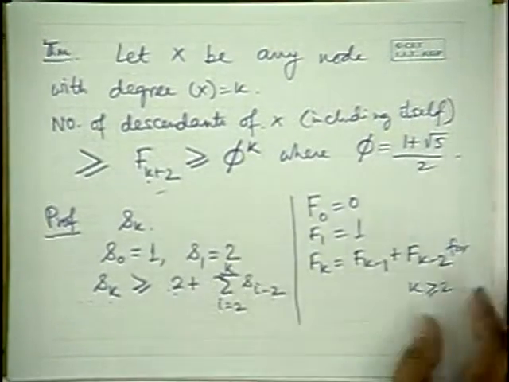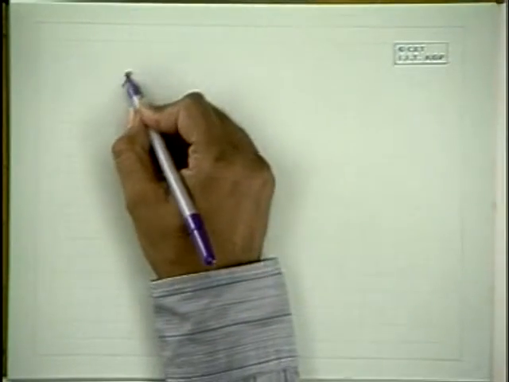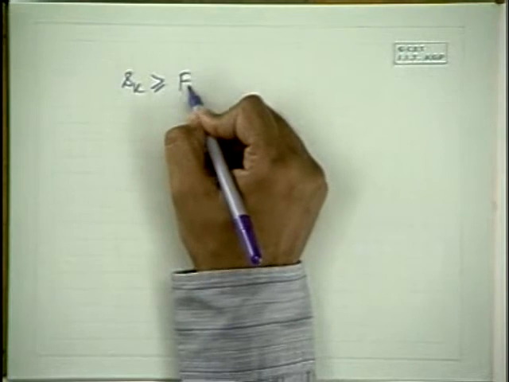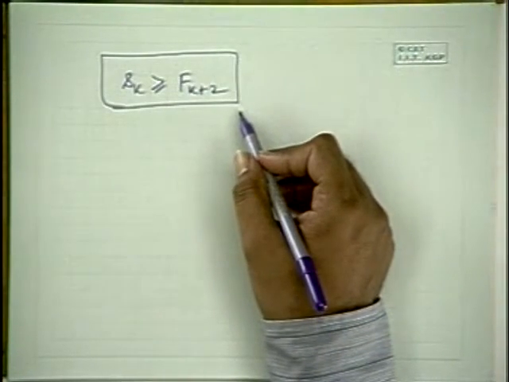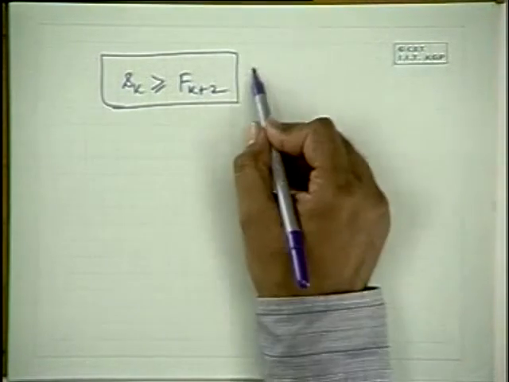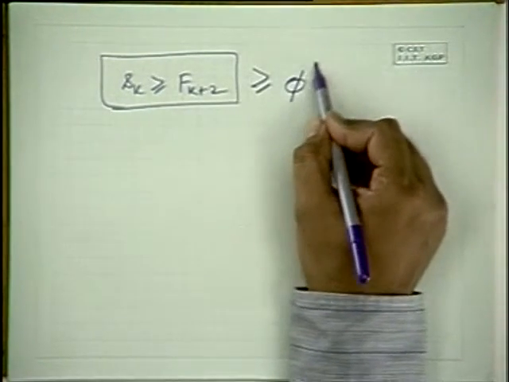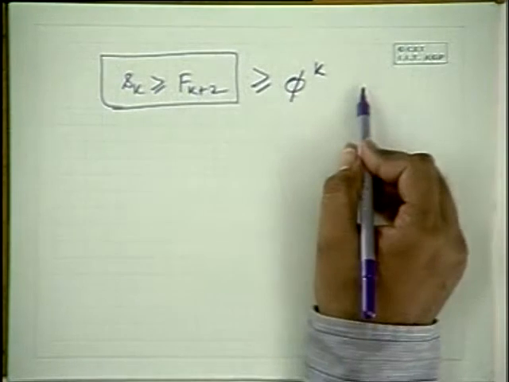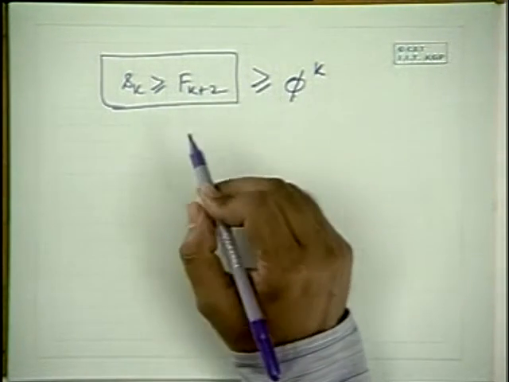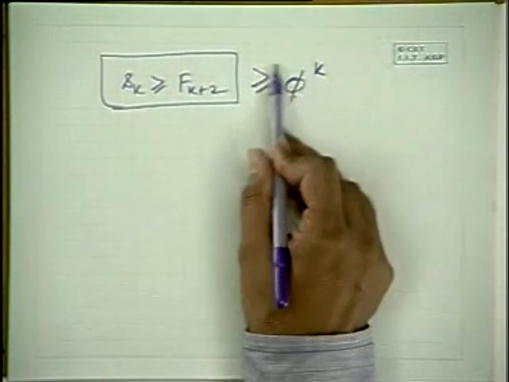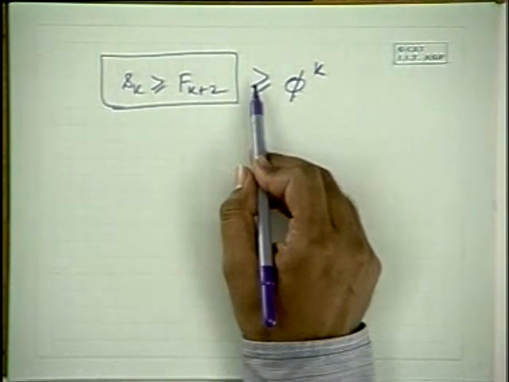So what do we get now? Sk is greater than or equal to F(k+2). This you can prove immediately by induction. And F(k+2) is greater than or equal to phi to the power k, where phi is (1 plus root 5) over 2. So what does it mean? It means a node with degree k has at least phi to the power k nodes. So what is its degree?